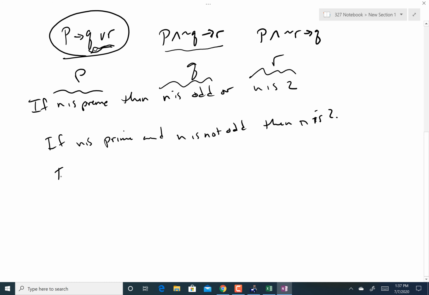If n is prime and n is not 2, then n is odd. Bam! Okay, so that's kind of the purpose of that. You can rephrase them in different ways. Maybe ways that make a little more sense, things of that nature. It's pretty easy to do right there. Okay.